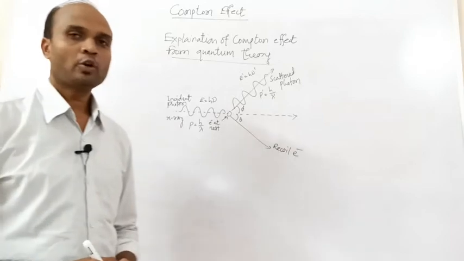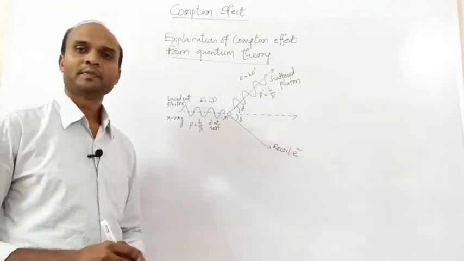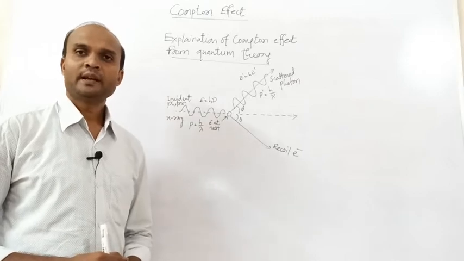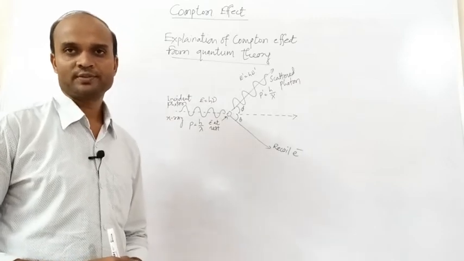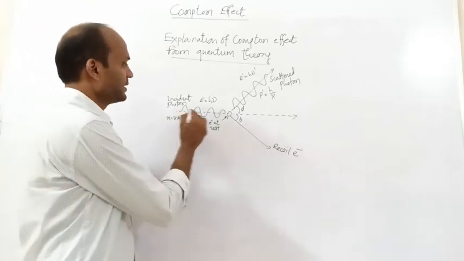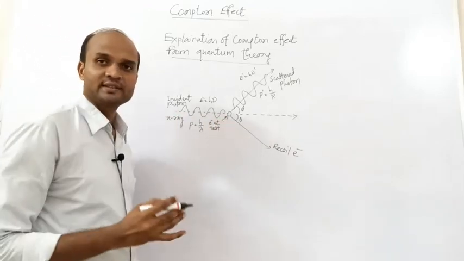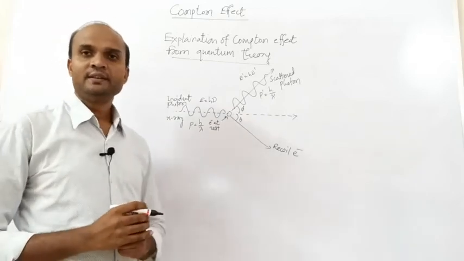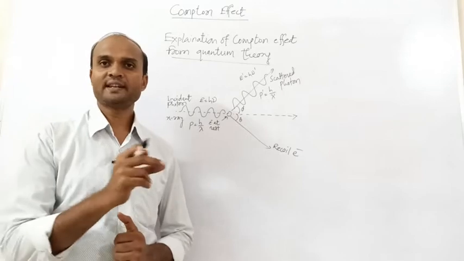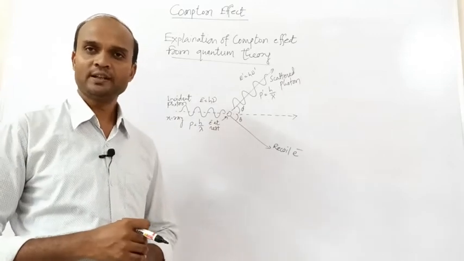So here, according to quantum theory, X-rays, which are nothing but light, consist of photons. So when X-rays strike the scatterer, there is a 1:1 interaction, as Einstein suggested in the case of the photoelectric effect.